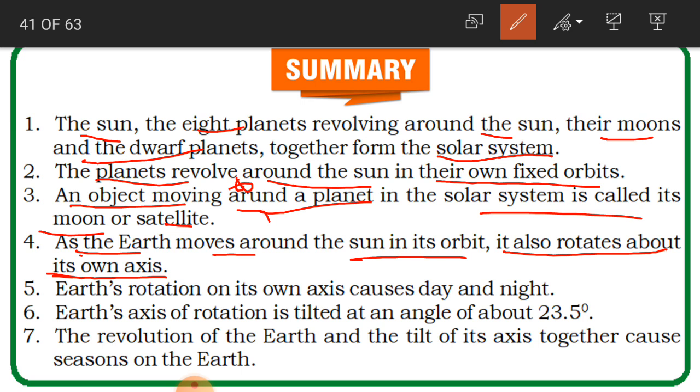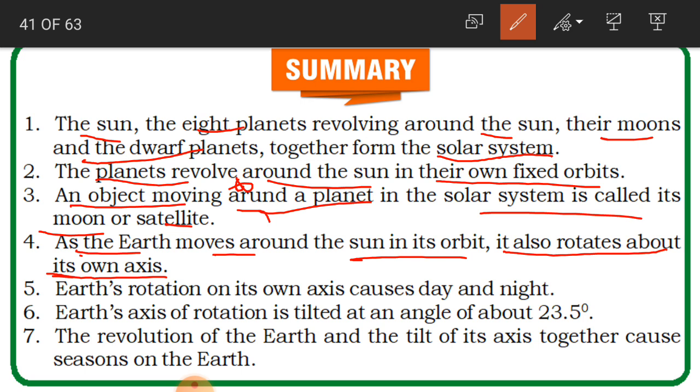Both rotation and revolution take place at the same time. But the earth takes 24 hours to rotate around its own axis, and to travel around the sun it takes 12 months to complete one revolution.